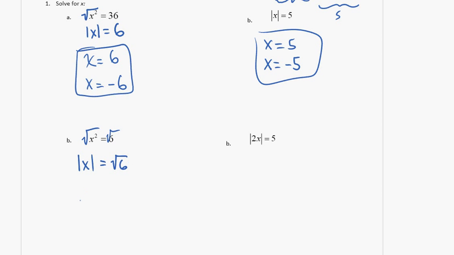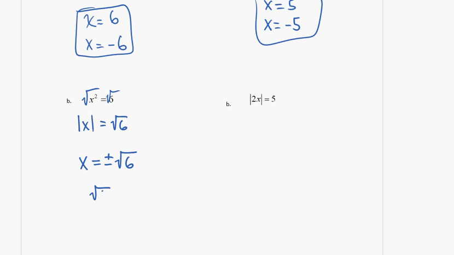I think all that is necessary is to realize that if the absolute value of x equals the square root of 6, that means x could be the positive or the negative square root of 6. And if you want to write those two things out separately, square root of 6 or negative the square root of 6, that's fine too. But I like this nice compact way to write it.